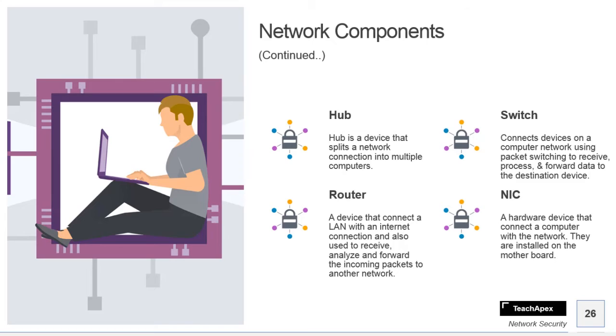A router enhances the overall performance of the network. Let's take an example. If you have 24 workstations in your network, they generate the same amount of traffic. This will increase the traffic load on the network.